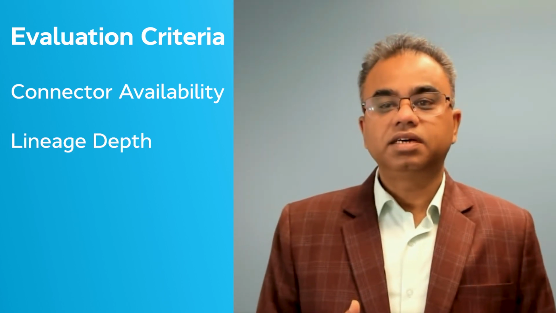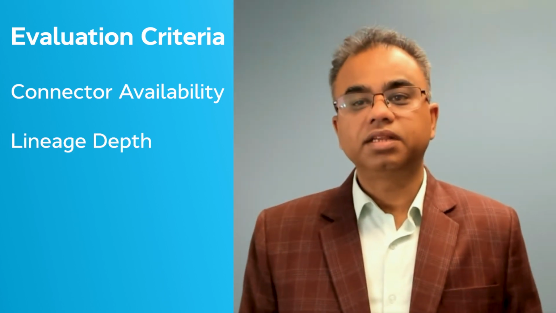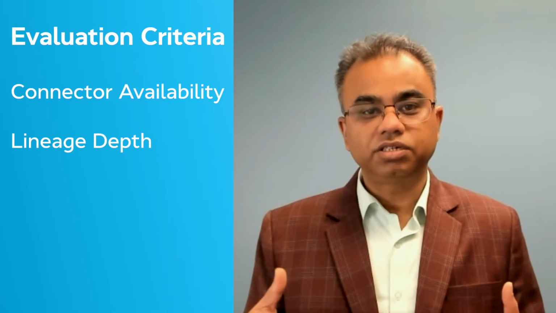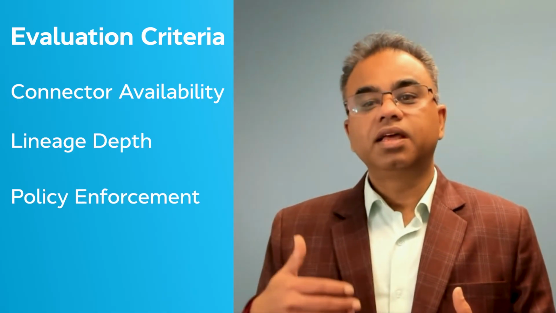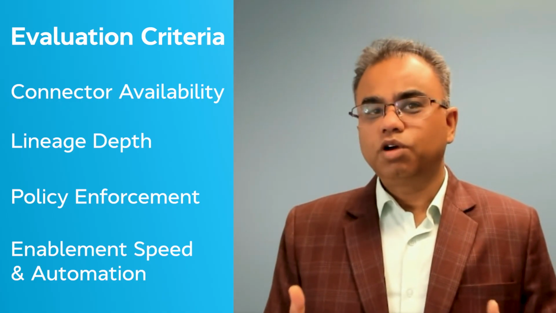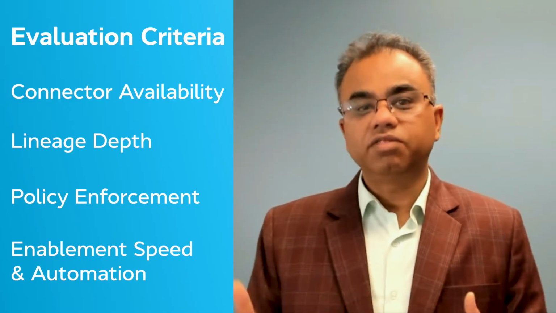You should be able to connect to your existing ecosystem, whatever ecosystem you have: the reporting systems, the data warehouses, and source systems. Then obviously the lineage depth is important, that is, how much lineage you can get into each area. Then there is policy enforcement, and how easy it is not just to adopt, but to accelerate the data governance program.